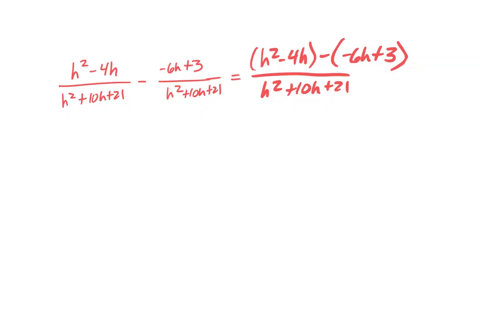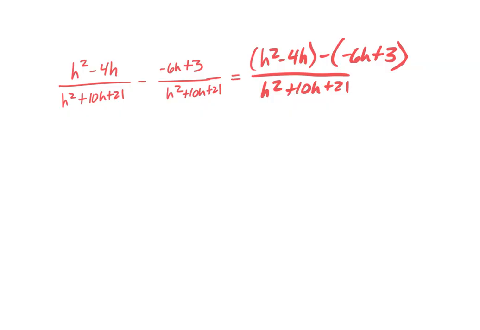Because the most common mistake is people will do minus -6h, but then they'll forget to do a -3 here. And this is not always going to be in parentheses, so I make it be in parentheses, so we know that we must distribute it, okay? So adding those parentheses to it, I think, is kind of a big deal.